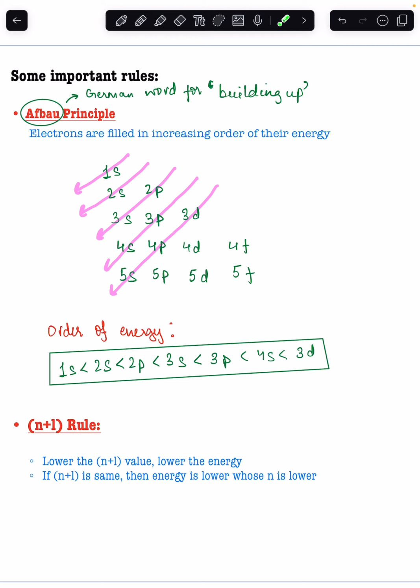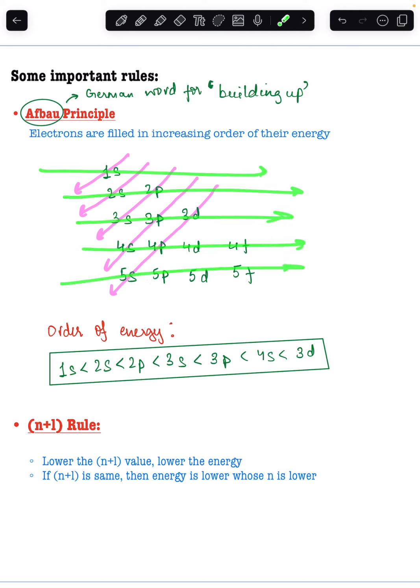And also there is a way: if we write 1, 2, 3, 4, 5, and you write s, s, s, s, s, as s is possible with each shell, right? But p starts with 2. So this row is going to be for 1, this row for 2, this for 3, this for 4, this for 5, like that.